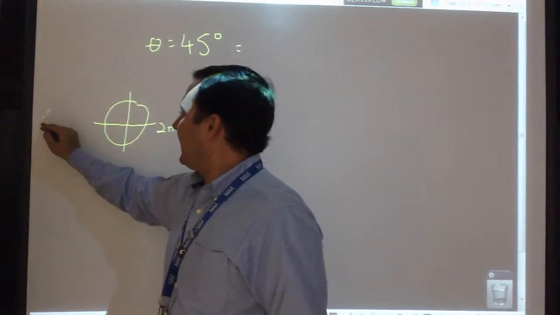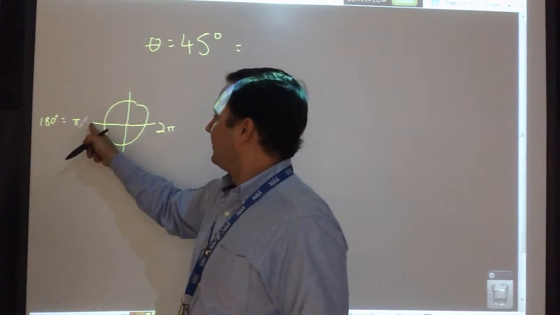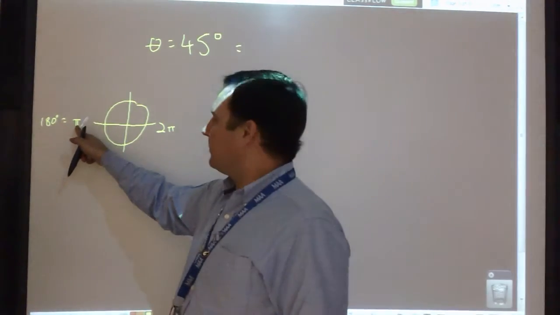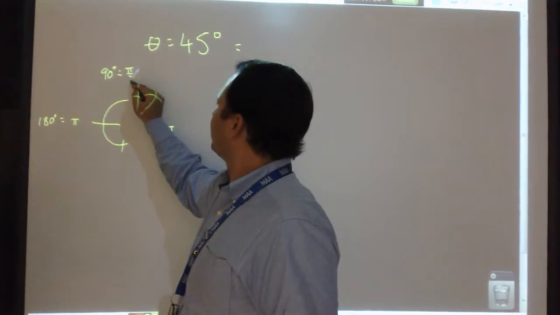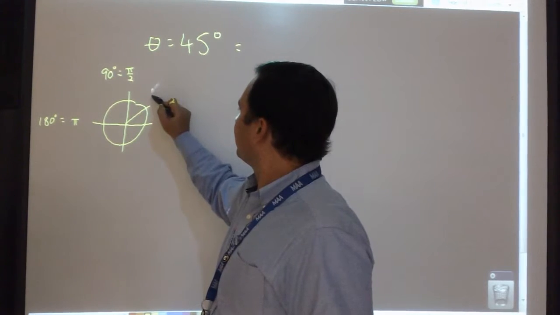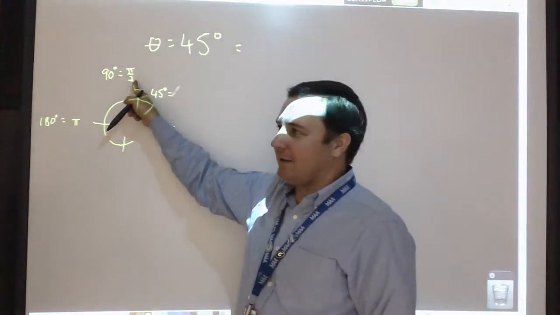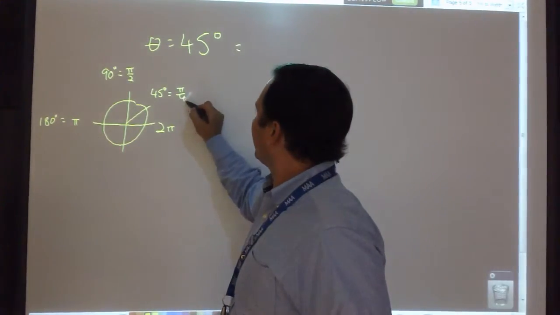We know 180 degrees is 1 pi. Half of 180 is 90. Half of pi would be pi over 2. And I know 45 is half of 90 degrees. That's a half of a half. And a half of a pi is a fourth pi. So pi over 4.